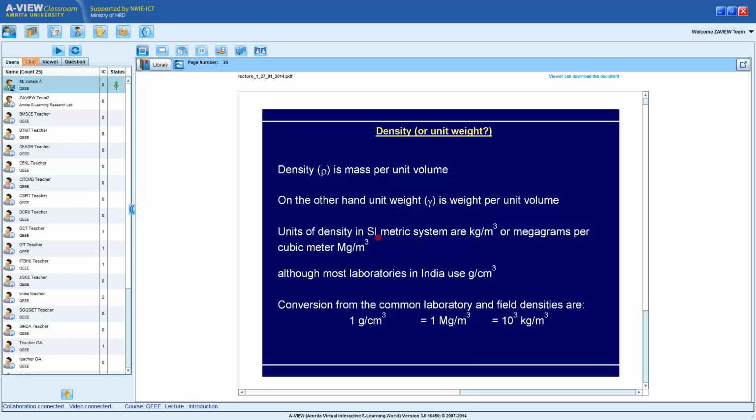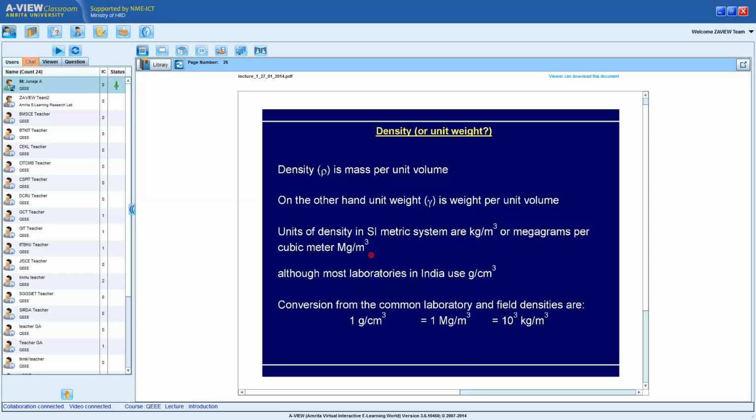The units of density in the SI system, remember, we always like to follow the SI system, are kg per meter cube. That's normally what we will use, or sometimes megagram per cubic meter. Megagram is capital Mg, so capital Mg is megagram per meter cube. Please be careful about this.